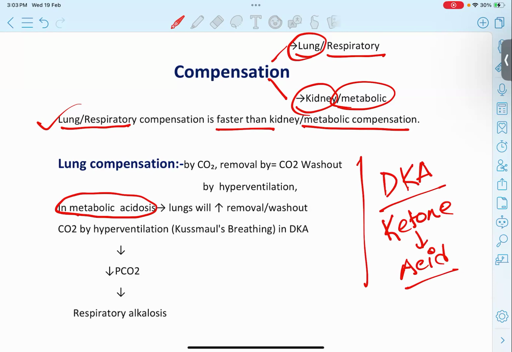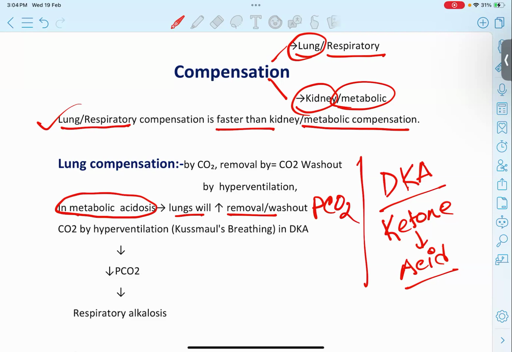So in DKA, what happens? The lung will remove or wash out PCO2. The lung will remove carbon dioxide by hyperventilation. In DKA, we find patients with hyperventilation. We can also call it Kussmaul breaths.